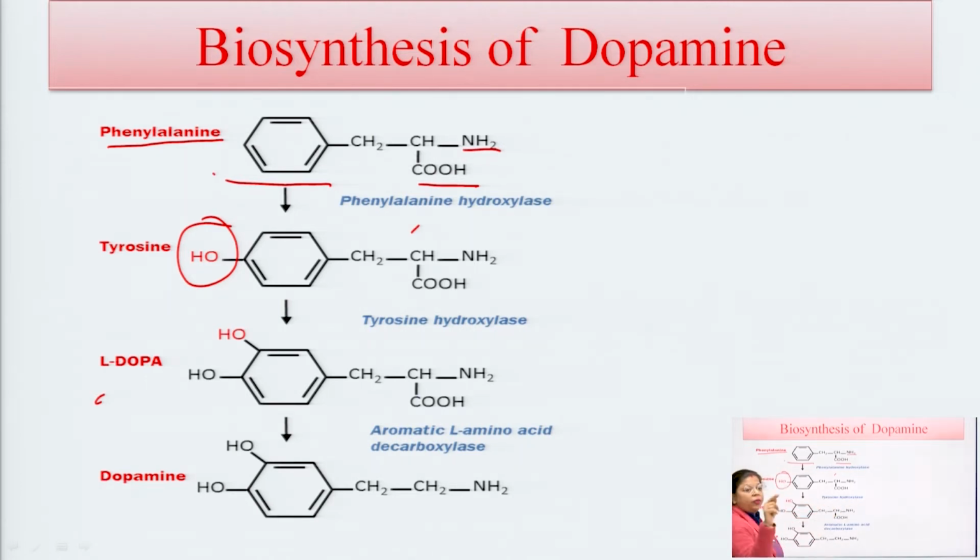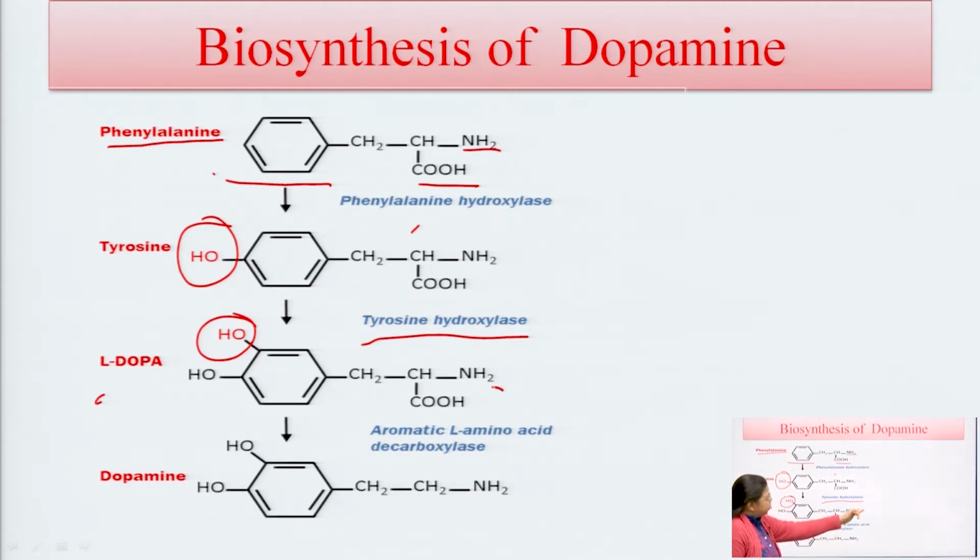There is addition of one hydroxyl group at the meta position with the help of this tyrosine hydroxylase enzyme, so there are two different hydroxyl groups in this aromatic ring.